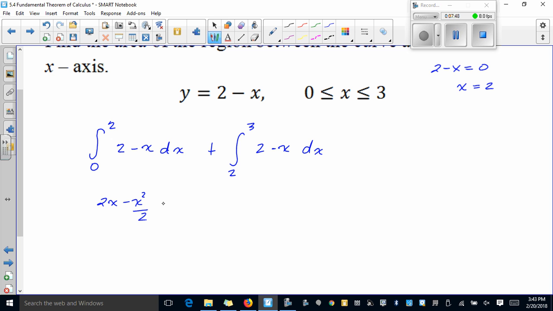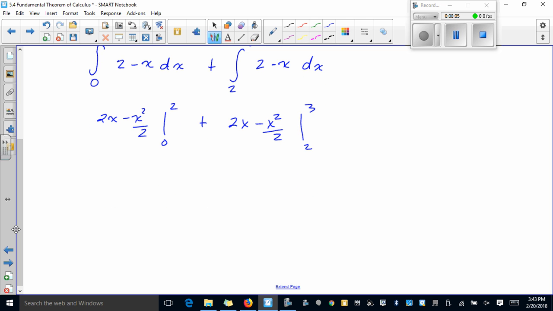Okay, so plug in 2. This is where I bring in the absolute value symbol. So 2 times 2 minus 2 squared over 2 minus 0. Because now I plug the 2 in. Make sure you plug the 2 into everything. And I plug in 0, I'm going to get 0.